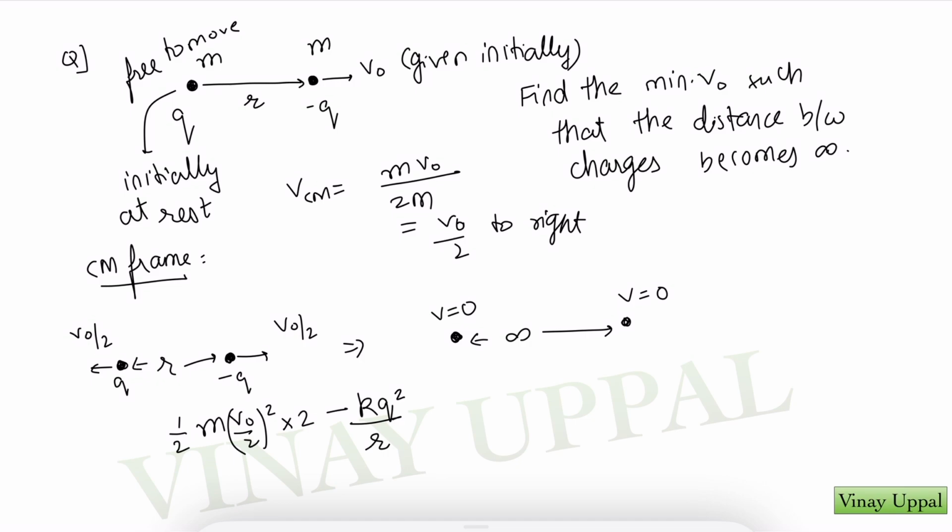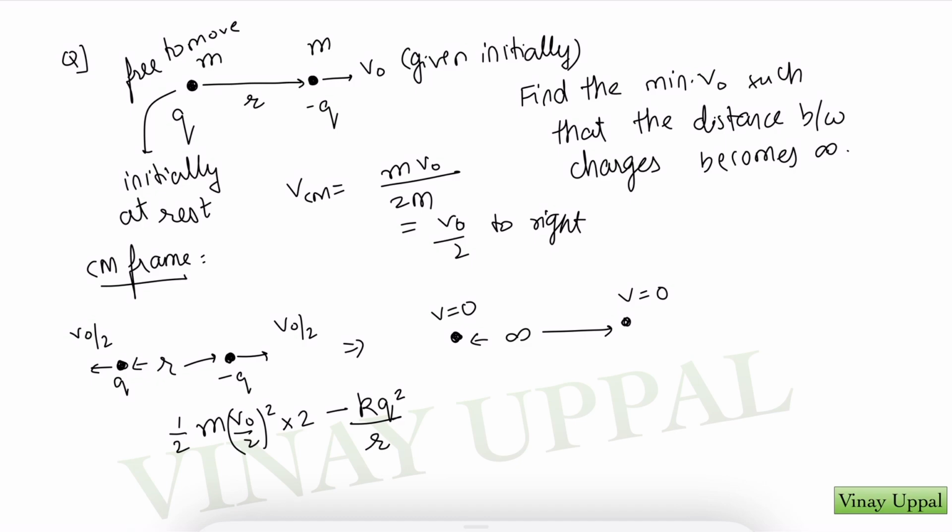This is something that you learnt in the work power energy chapter. Potential energy is not defined for a single particle, it's always defined for an interaction. So one pair of q and minus q, one pair, and therefore one interaction, and therefore one term for potential energy only. Do not write two terms separately for these two charges. Their interaction is one interaction, and therefore it's one potential energy term.